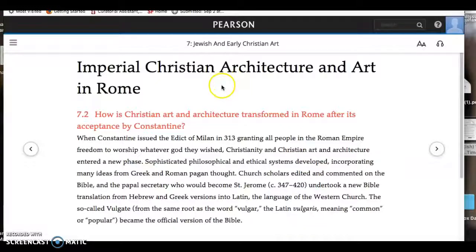The first half dealing with Judaism and Christianity when they were minority religions, making art in private, somewhat secretive environments, versus when they are adopted by the ruling class of Rome and become part of the imperial propaganda world.